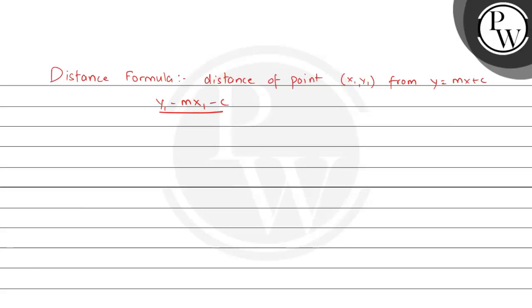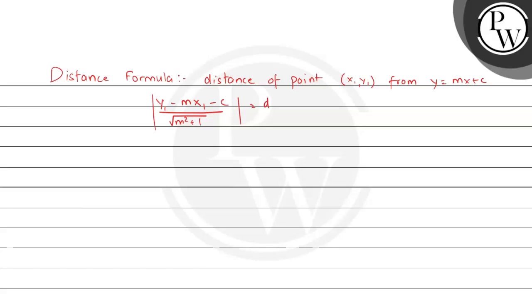Now the distance formula. The distance of point (x1, y1) from y equal to mx plus c corresponds to the modulus of y1 minus mx1 minus c upon under root of m square plus 1.